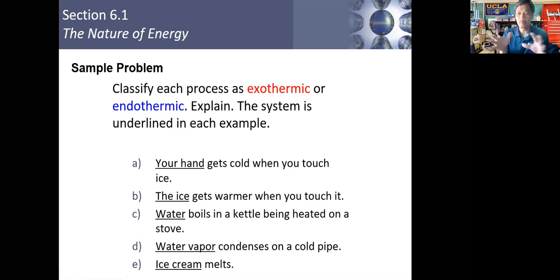You don't have to tell me what happens with the surroundings, but focus in on the system. Tell me, is the system undergoing a heat loss or heat gain? Is heat being lost or gained? And based on that, tell me whether the system is undergoing an exothermic process or an endothermic process. Okay, so make sure you do that. Take about 2 minutes to try to get this done, and then I'll go over it with you. So go ahead and take 2 minutes to work on this problem here.